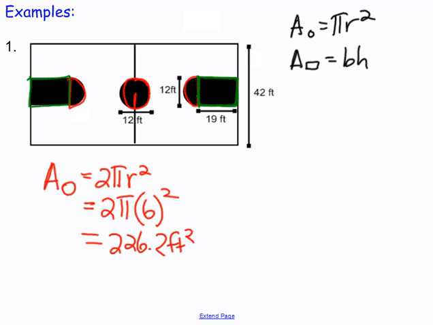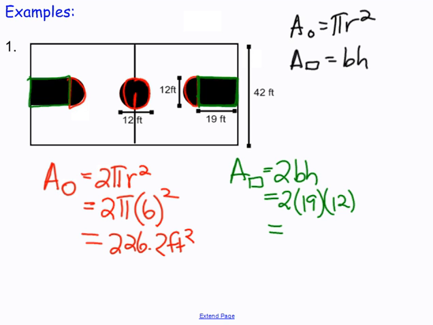The area of the rectangle is going to be base times height. But I have two of them. So I'm going to do this again: 2 times the base and the height. So that's 2 times the base of 19 and the height of 12. And that equals 456 feet squared.